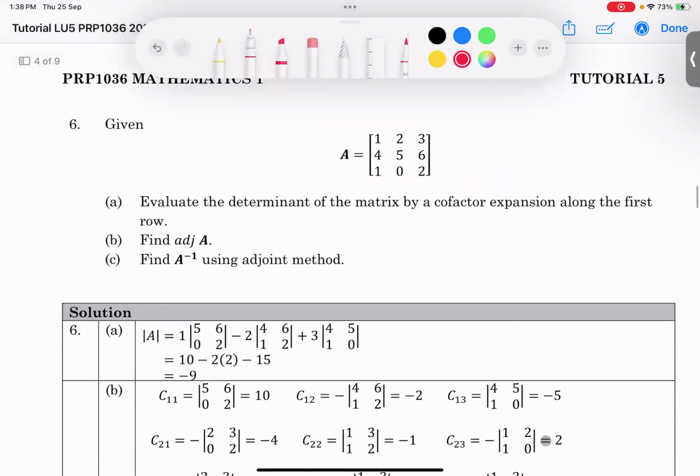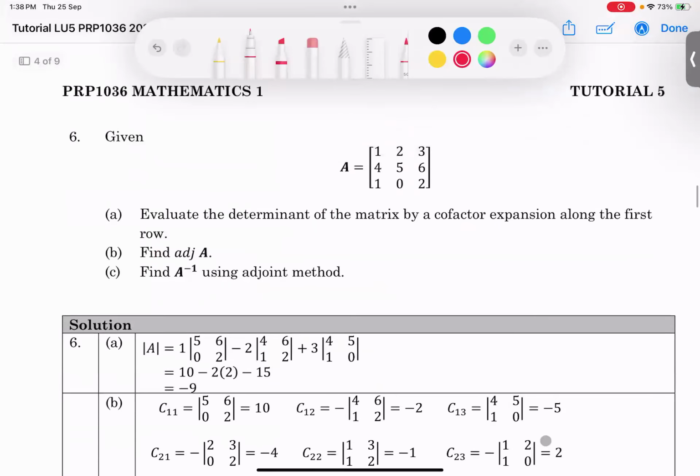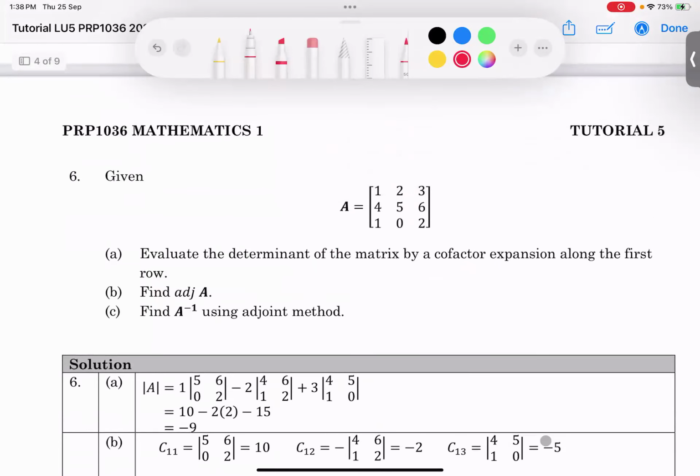Okay, question number 6. Finally, I want to share with you, when you see this type of question, they ask you to evaluate the determinant of the matrix by cofactor expansion along the first row. So now this question is only focused on the first row. Okay, so what we should do is we do our determinant for the first row.